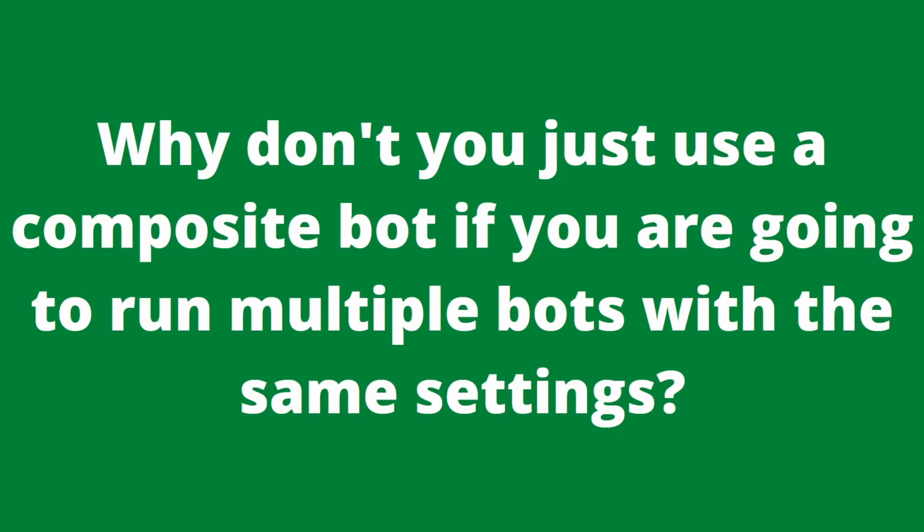For myself, yes, I do run very similar settings for almost every bot, and a lot of them are going to be the same. But the base order and the safety orders are not the same across the board. It depends what asset I'm trading. There are some altcoins where I'll have smaller, and some altcoins where I'll have larger. You can't do that with a composite bot. Everything has to be the same, right?